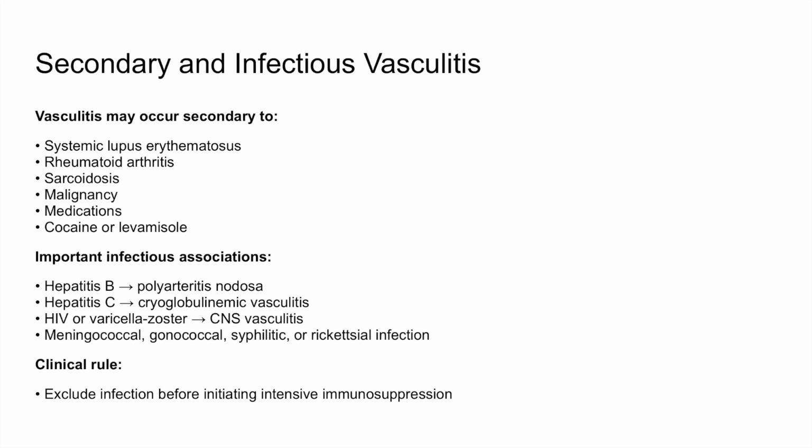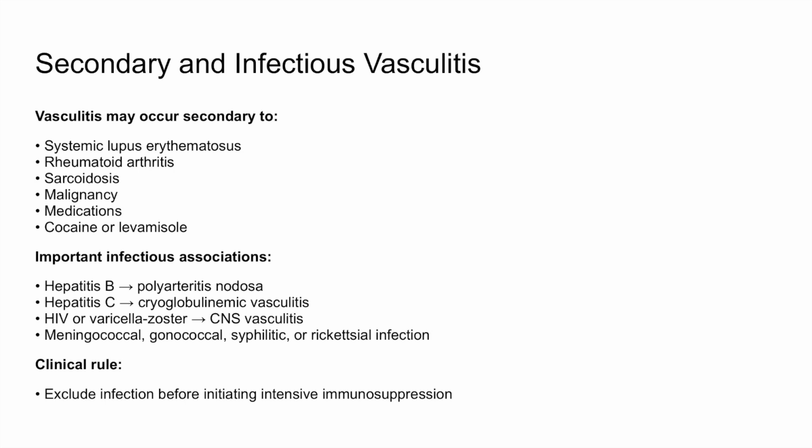Remember the major viral pairings: hepatitis B is associated with polyarteritis nodosa, while hep C is associated with cryoglobulinemic vasculitis. So HIV and varicella zoster can involve cerebral vessels and produce CNS vasculitis, and meningococcal, gonococcal, syphilitic, and rickettsial infections can also produce vasculitic or vasculitis-like presentations.